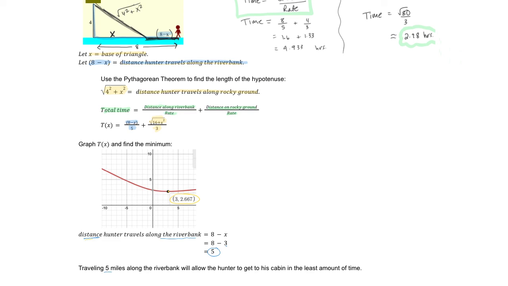So if he travels 5 miles along the riverbank and then heads towards the cabin, we get a time of 2.667, which is less than going directly at a diagonal. So we've minimized his time, using the benefit of faster riverbank travel and then going over rocky ground for just part of the trip. And there we've got it.